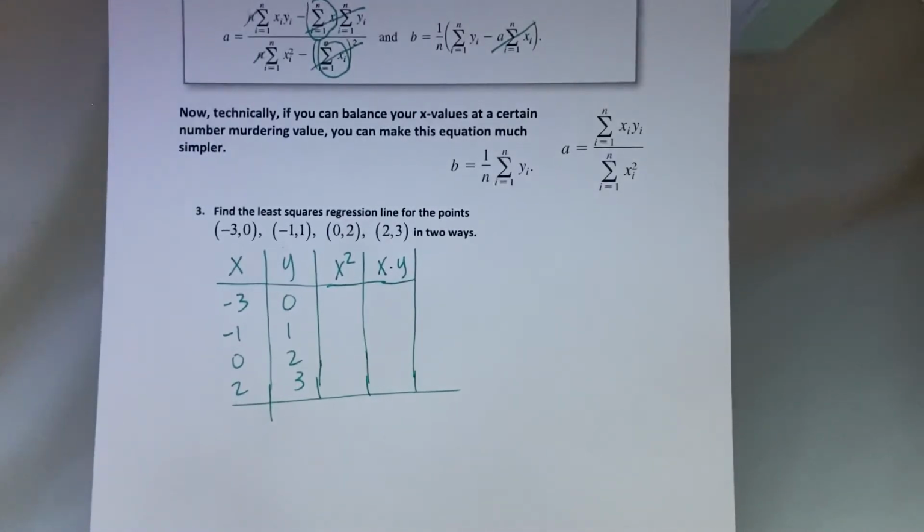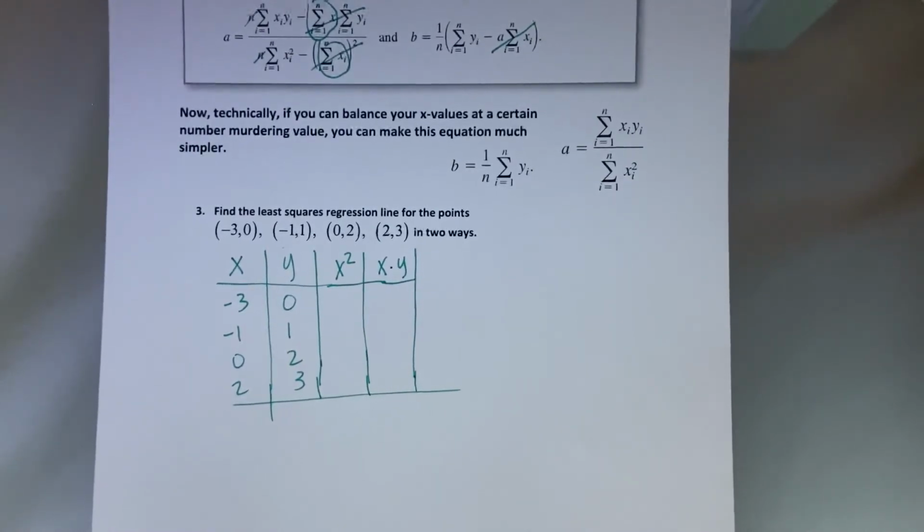Now, what is the rule here? It says, we'll talk about this in a second, that I need the sum of all my x values to be 0. We'll deal with that in a second, though. Yeah, I need to sum all my x values to 0.